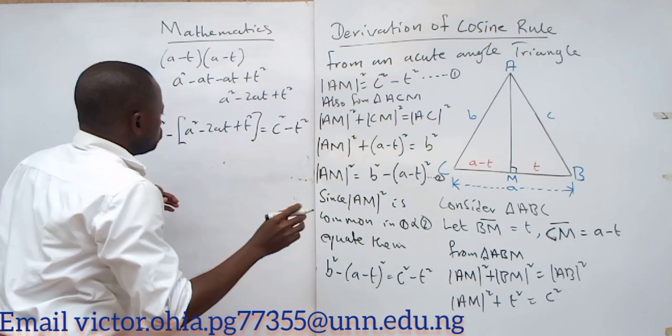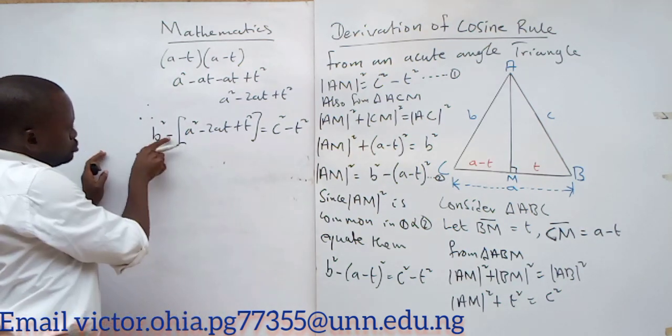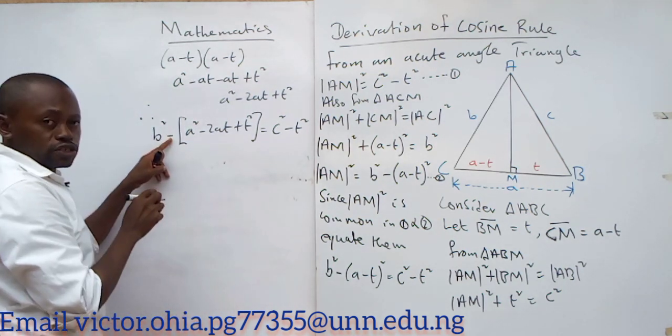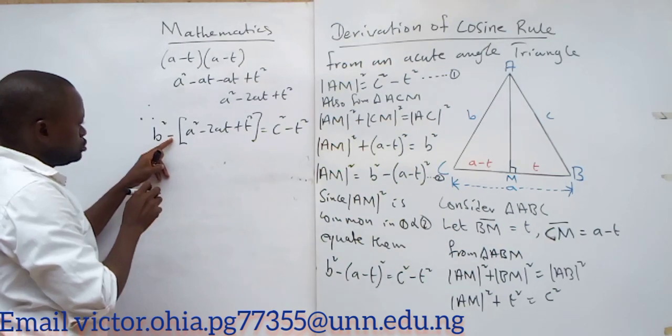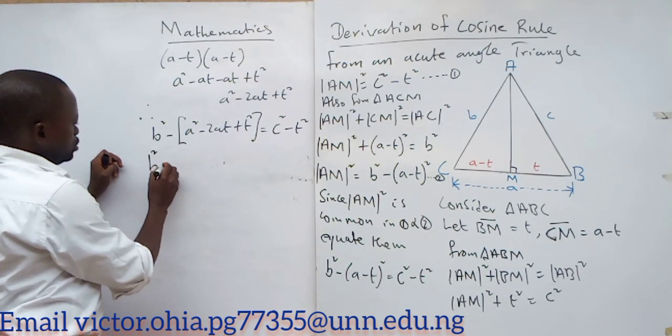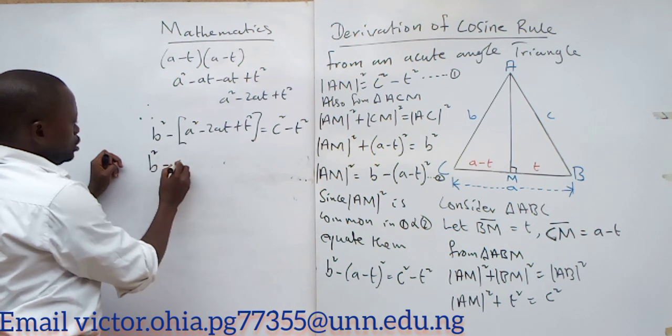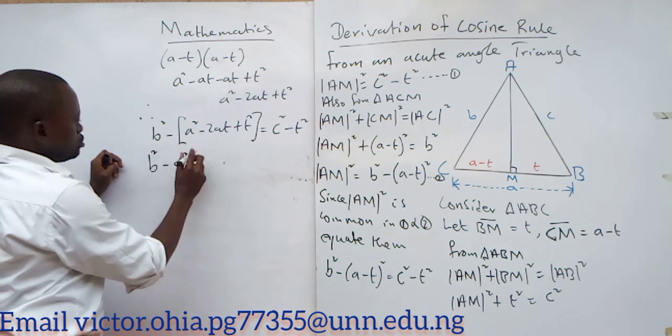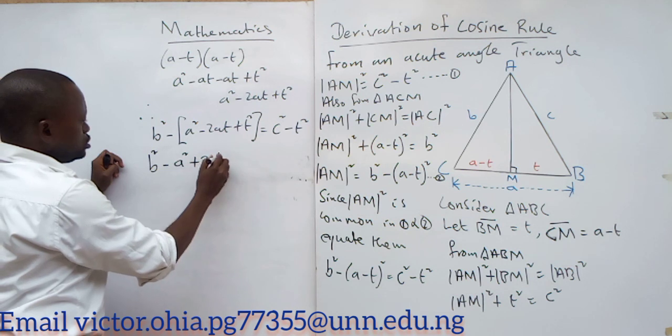Okay, let's move on. Let's open this bracket with this information here. Minus, we enter here and we have b squared minus a squared, minus into minus plus 2at.